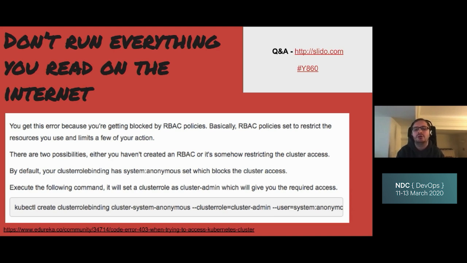They're just trying to unblock themselves so that they can learn how it works or get to the next stage. And so they will go, cool, if you want to remove that error, run this command to make anonymous access automatically cluster admin. As a side effect, now any API call instantly becomes cluster admin. Anyone can do anything to your cluster, and suddenly you have no security protections within your system, which obviously is a huge impact.